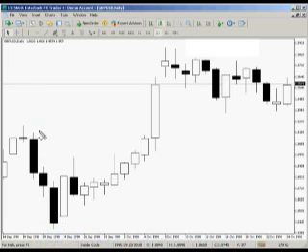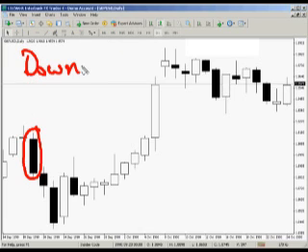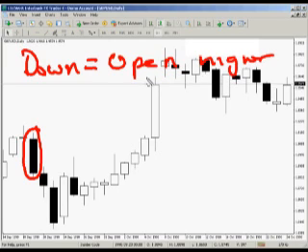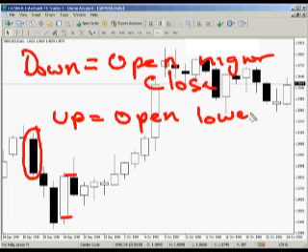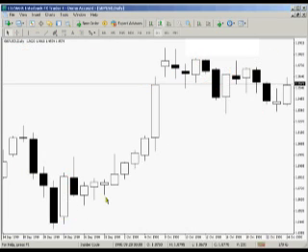If a candlestick is down, then the open is always higher than the close. If a candlestick is up, then the open is always lower than the close. See that?